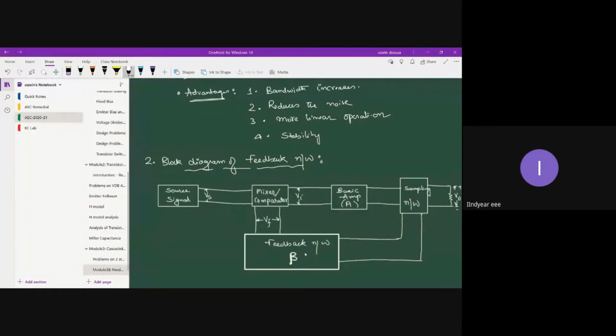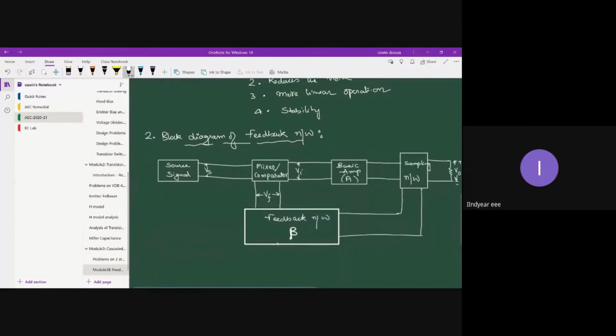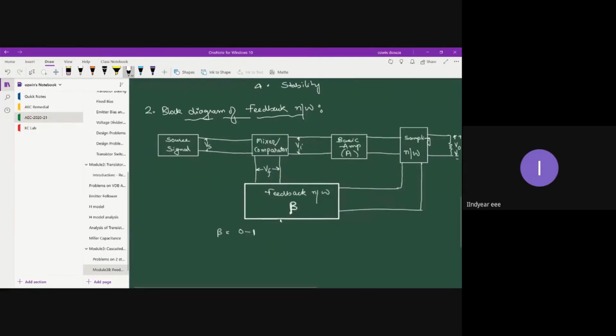Now remember one thing: this beta value ranges from 0 to 1. That means to say, if beta is equal to 0, no feedback.